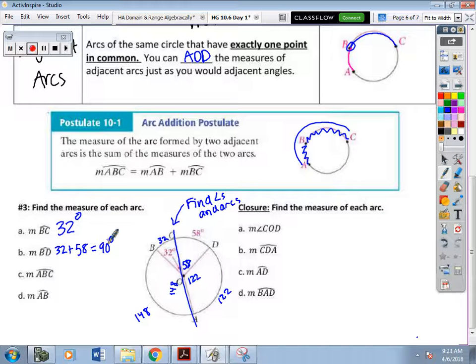All right, now the next one has 3 letters, so it's going to be a major arc. So arc ABC is how many degrees? 180. It's a semicircle. And the next one says measure of arc AB, which we see here is 148. See if you can complete the 4 closure questions, which are dealing with this.